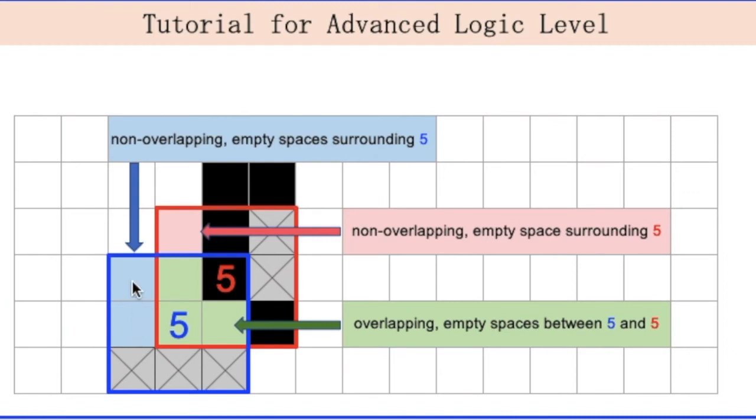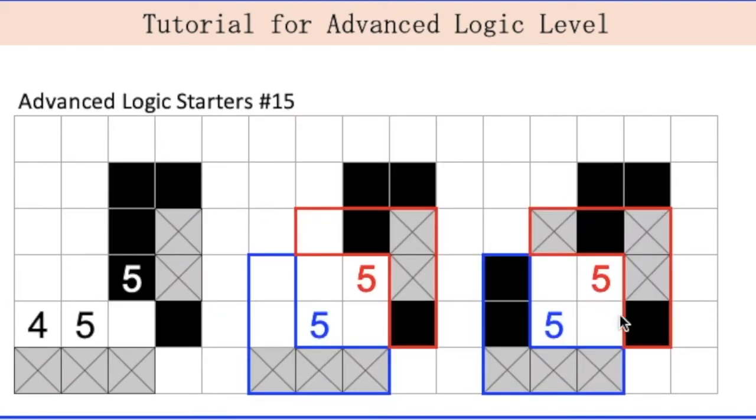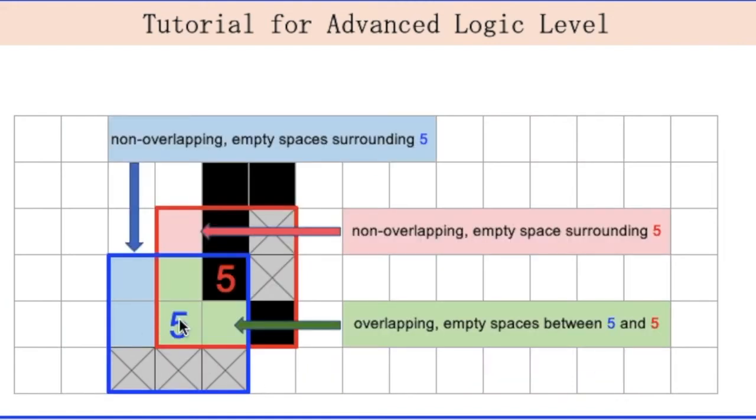For the sake of this video, when I say surrounding, I'm talking about these 5 spaces. Surrounding literally means it should be not just 5, but all these. But in my tutorials, when I say surrounding, I'm talking about just these spaces here. So we're going to look at the surrounding space for the blue 5, and I wrote empty.